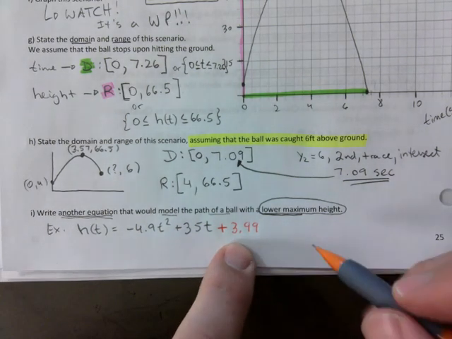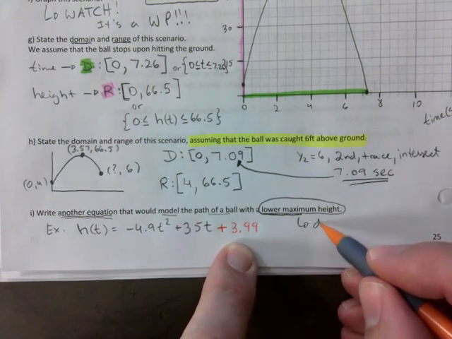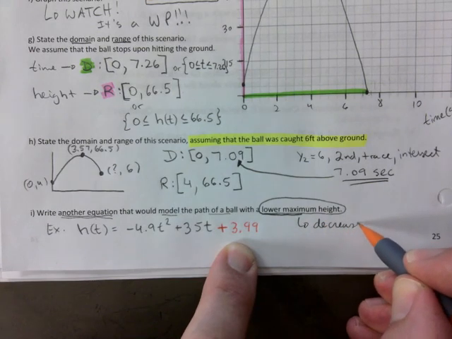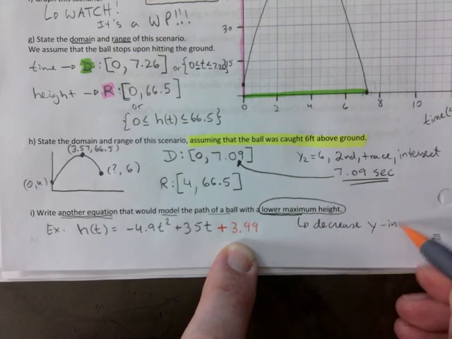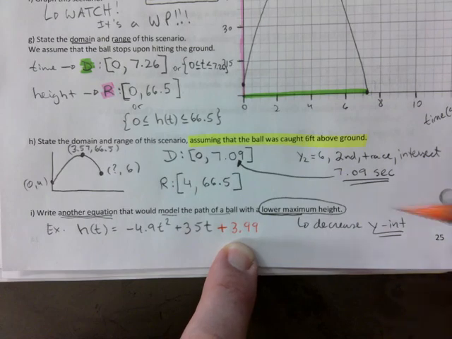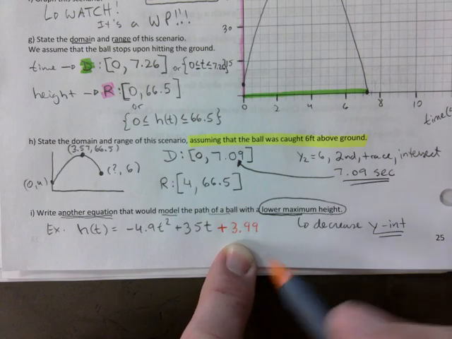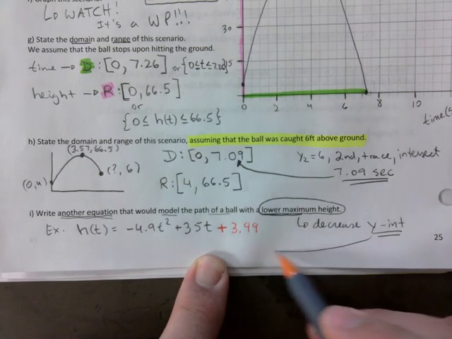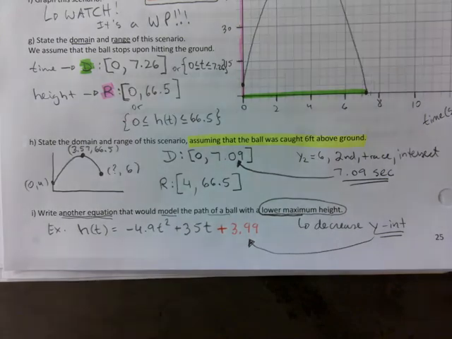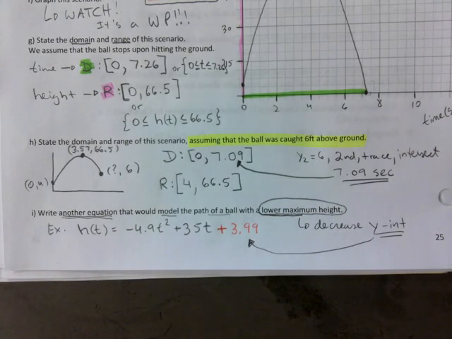You could have done anything. I will just say decrease the y-intercept, which could have been used for a cubic function as well, right? Just decrease that y-intercept, because if you do so, the whole thing shifts down. The whole parabola is just slightly lower.